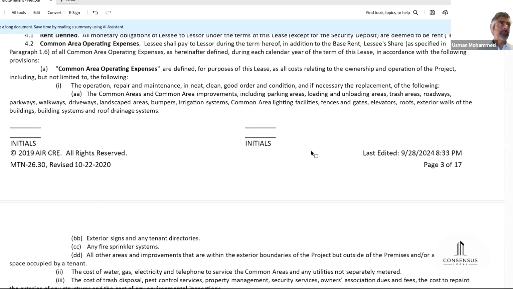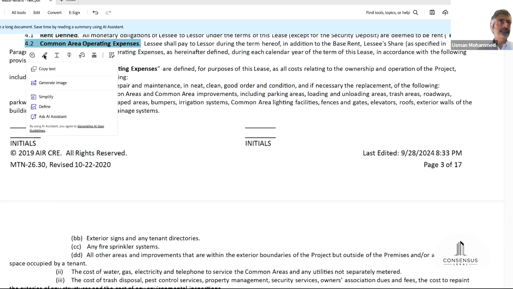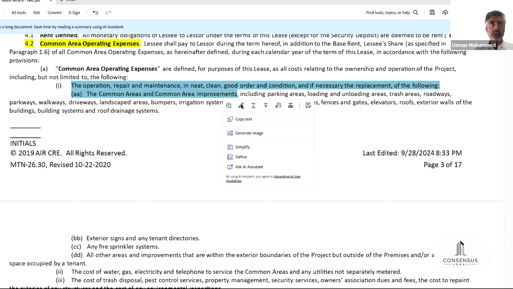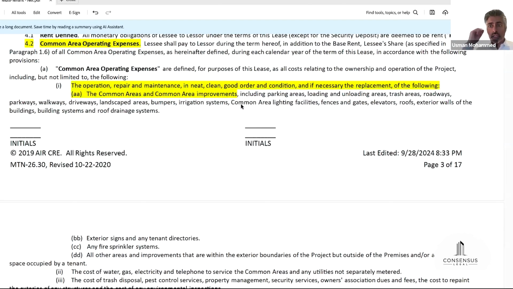And 4.2 relates to common area operating expenses. And in 4.2, lessor has broad ability to pass through the cost of repair and maintenance of the common areas. So I think generally, Alejandro, that's what I mean.